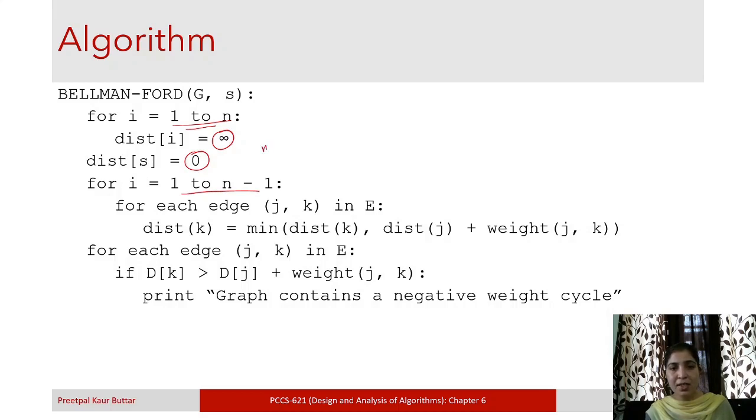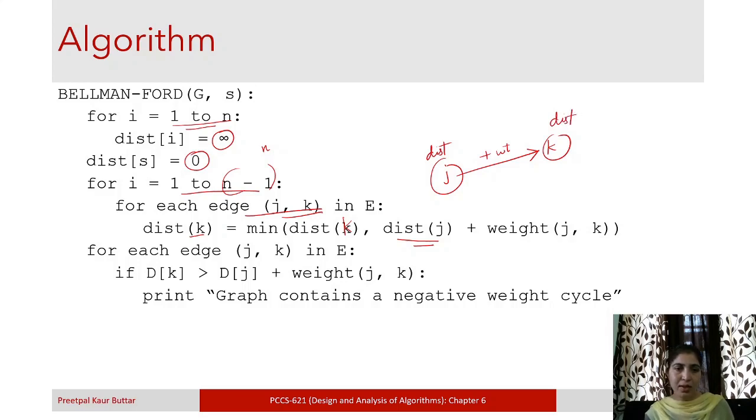If there are n vertices, we run this n minus 1 times, and in each iteration we consider all the edges, and we update depending upon whether the previous distance to the destination is better or the new distance, using the distance of j plus the weight of the edge connecting j to k. Are we getting a better distance as compared to the distance which we already have there?